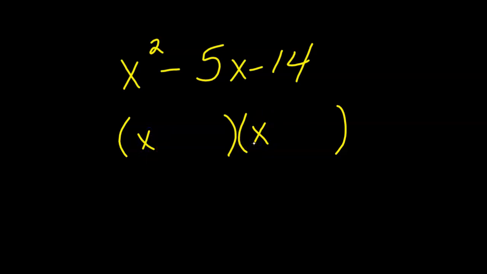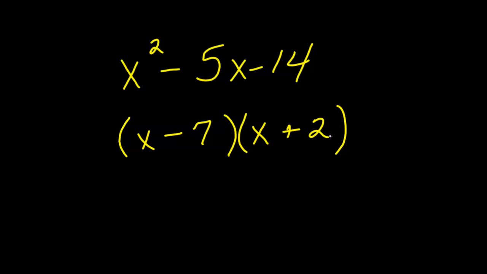Those leading terms are both going to be x. Once you find the numbers, negative 7, positive 2, because negative 7 times positive 2 will give me negative 14, but negative 7 plus 2 will give me negative 5. So it's as easy as that.